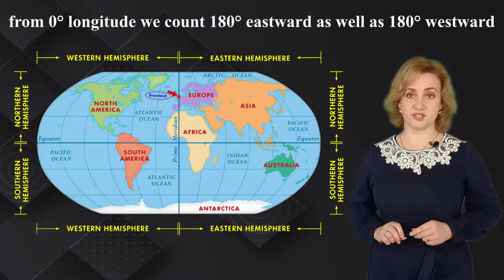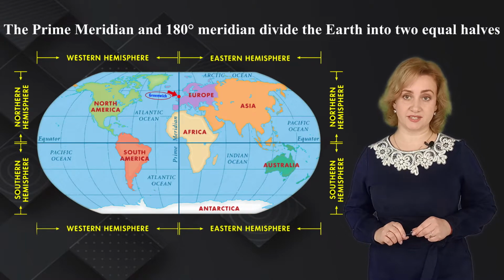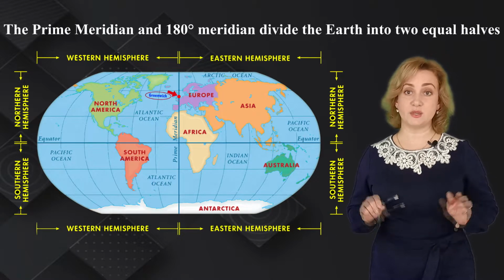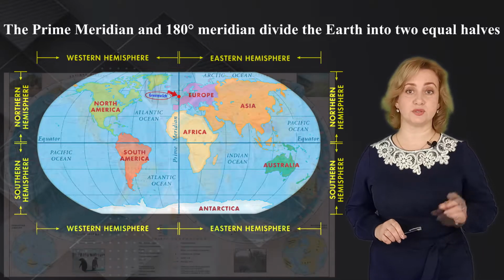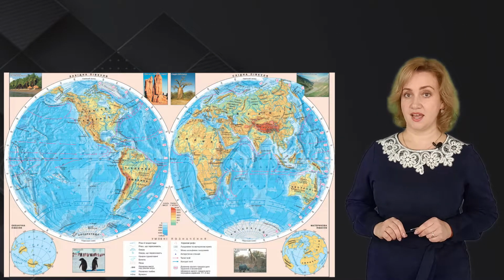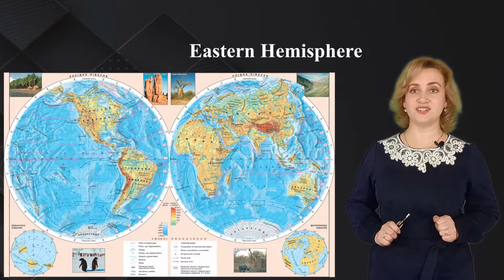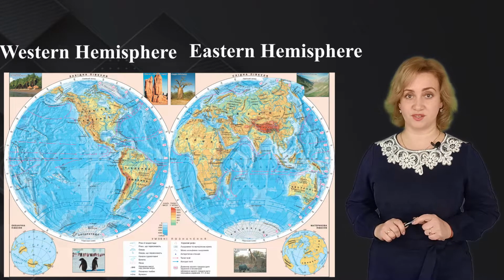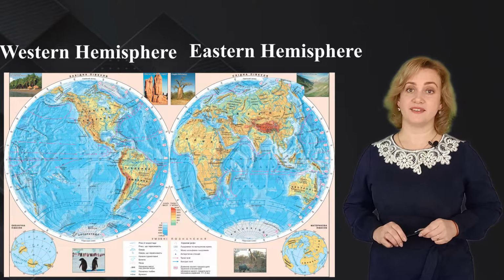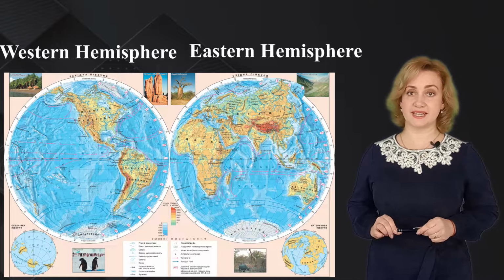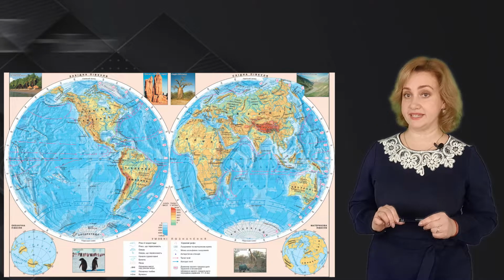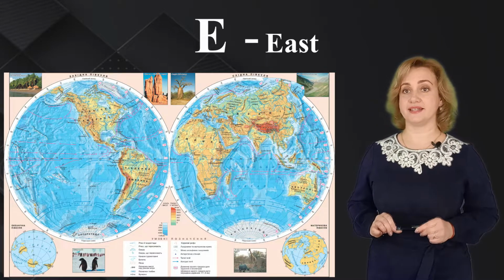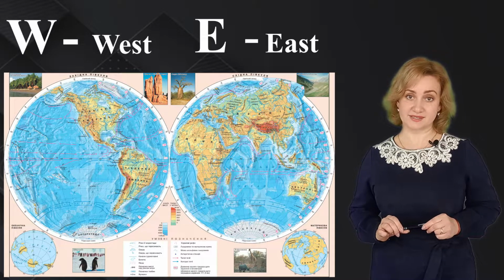The prime meridian and 180 degrees meridian divide the Earth into two equal halves, the Eastern Hemisphere and the Western Hemisphere. Therefore, the longitude of a place is followed by the letter E for east and W for west.